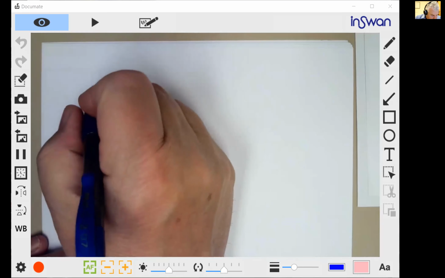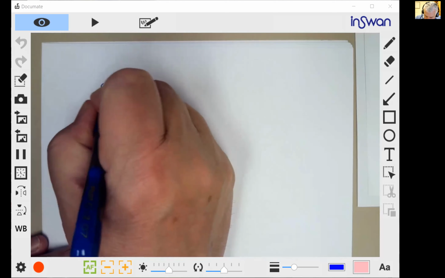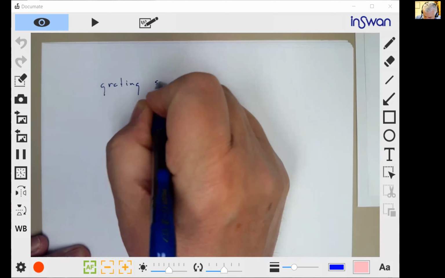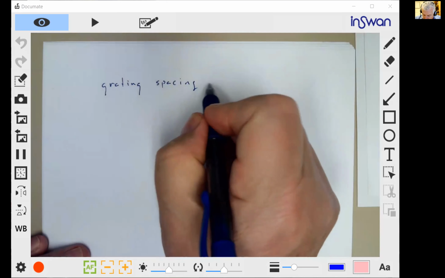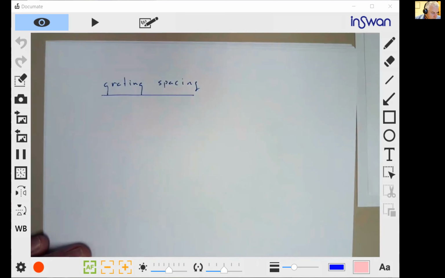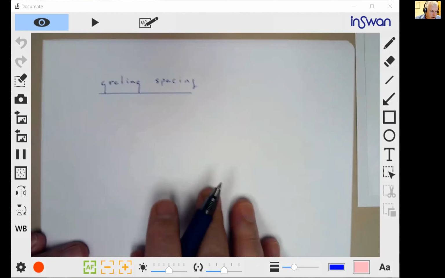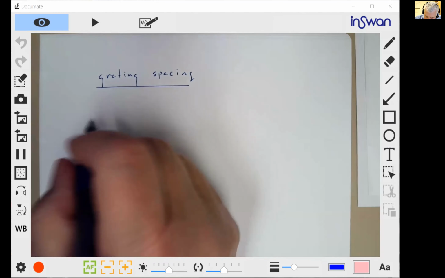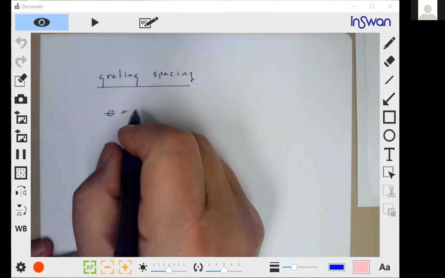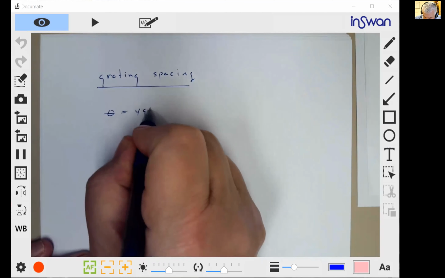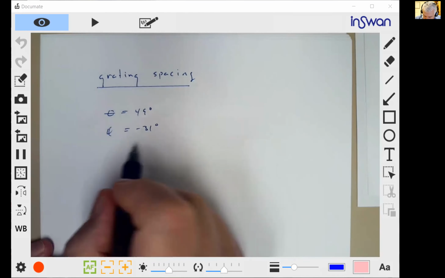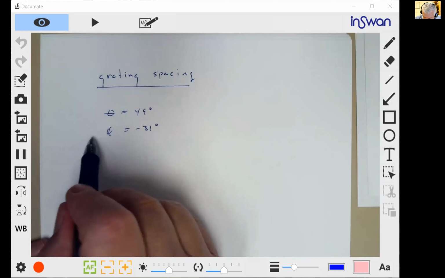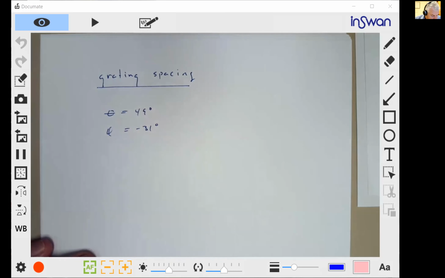So the next question is, what should a grating spacing be for a given experiment? And you can't always determine things, obviously, but if you have theta equal to 49 degrees and phi equal to minus 31 degrees, that's a little twist here, your theta value will actually be negative.